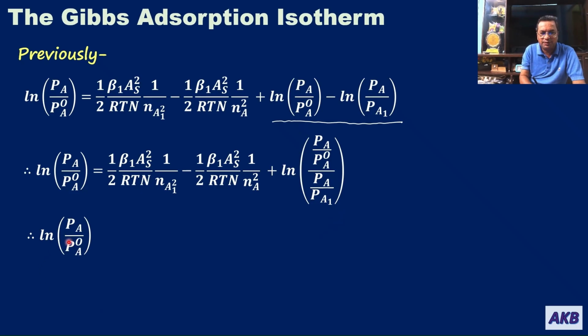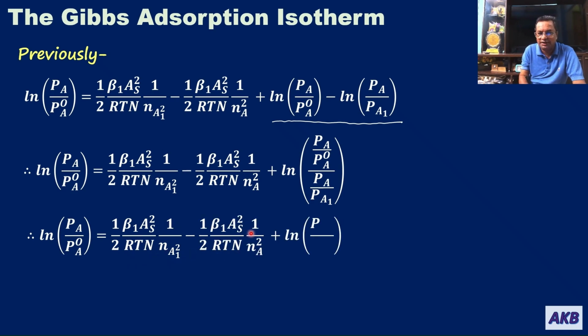Now what will happen? This PA and PA will get cancelled, and PA1 will go to the numerator. So that's why you'll have this term ln of PA1 upon PA naught.